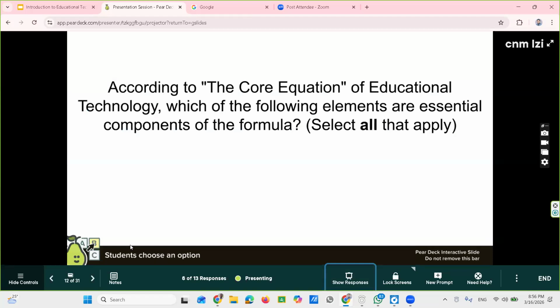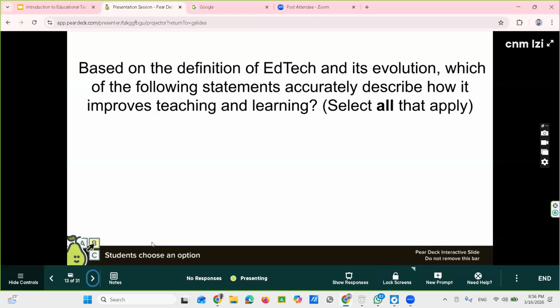Now moving to the next slide. Another activity. Now try to do this one based on the definition of EdTech and its evaluation. Which of the following statements accurately describe how it improves teaching and learning? Select all that apply. That means more than one answer again.